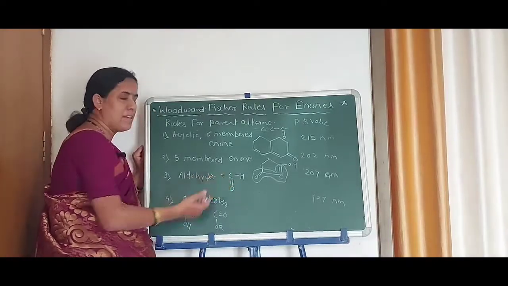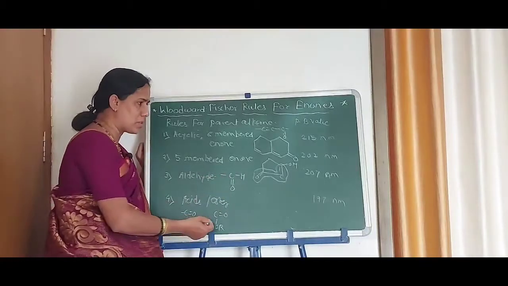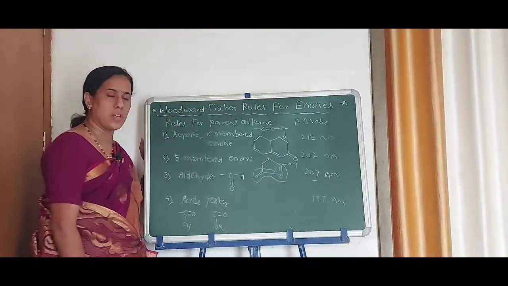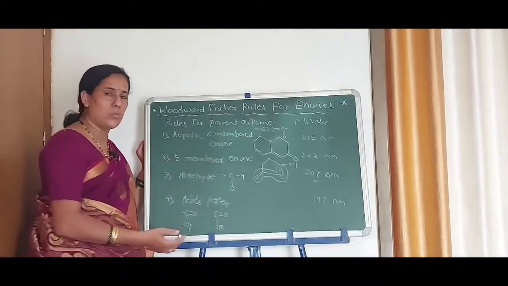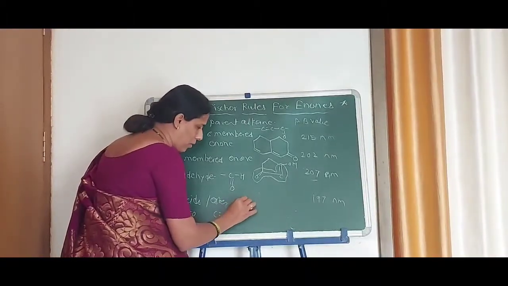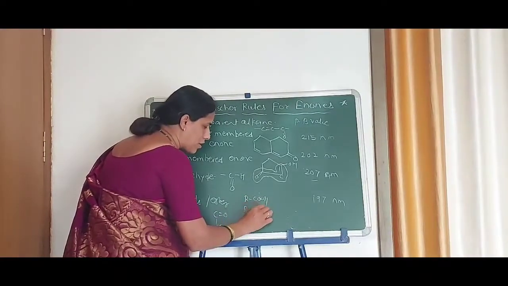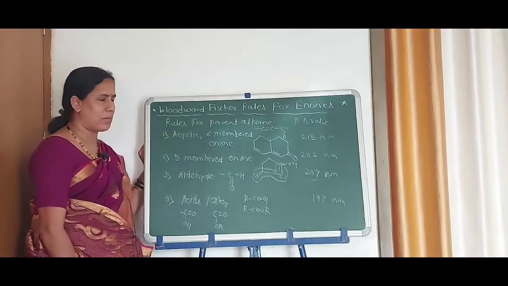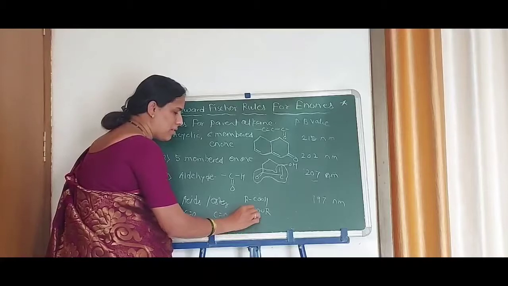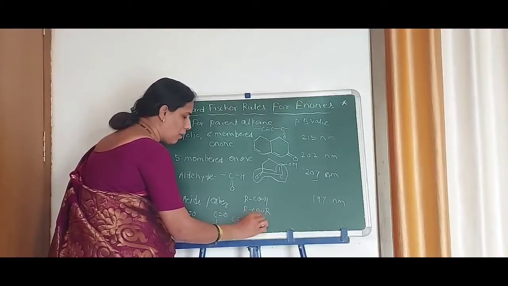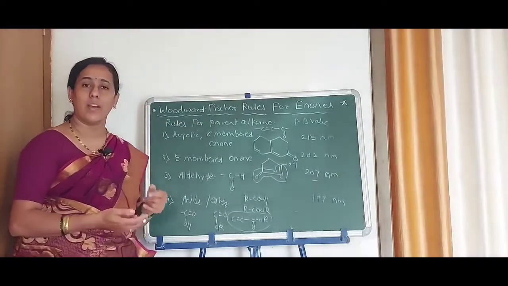For an aldehyde, when the aldehyde is present at the terminal position, it has the value 207. If the compound possesses an acid or ester, it has the value 197, that is RCOOH, RCOOR', with the C=C in conjugation with COOR. This type of linkage must be present in esters or acids.